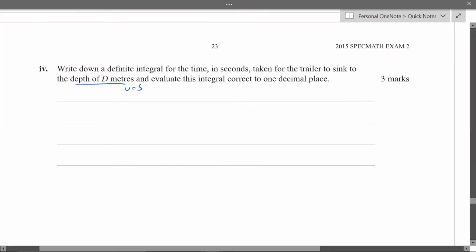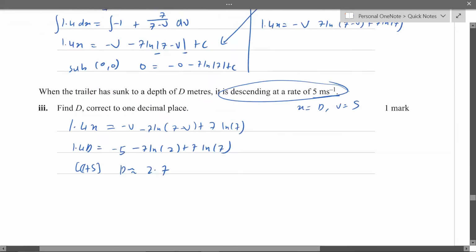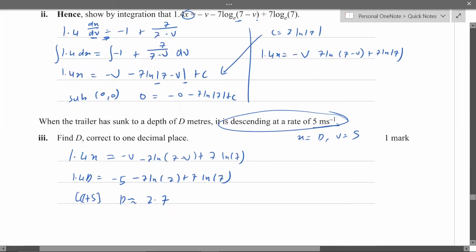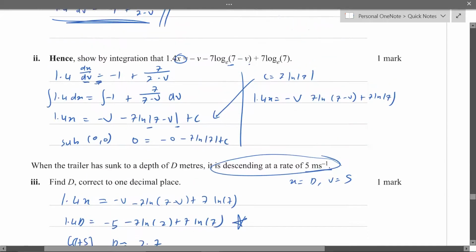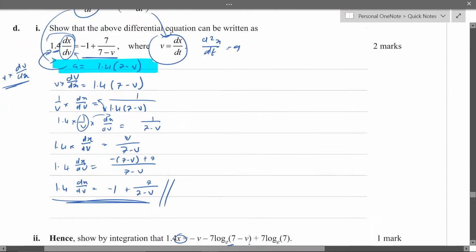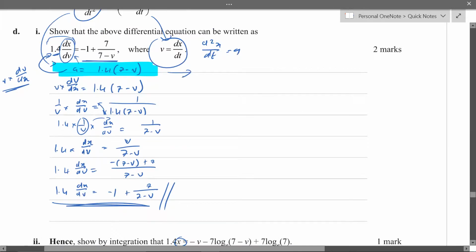And that's important because now we're bringing in time. The only way of bringing in time would be if we rewrite one of these things as time, but we can't convert this to time because we don't know how to do that.